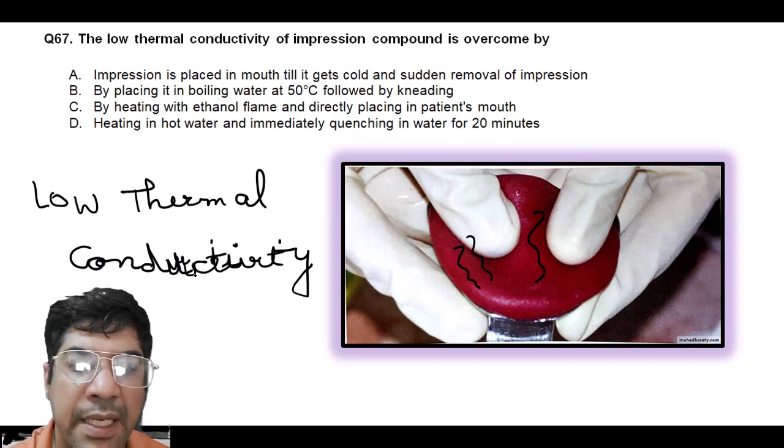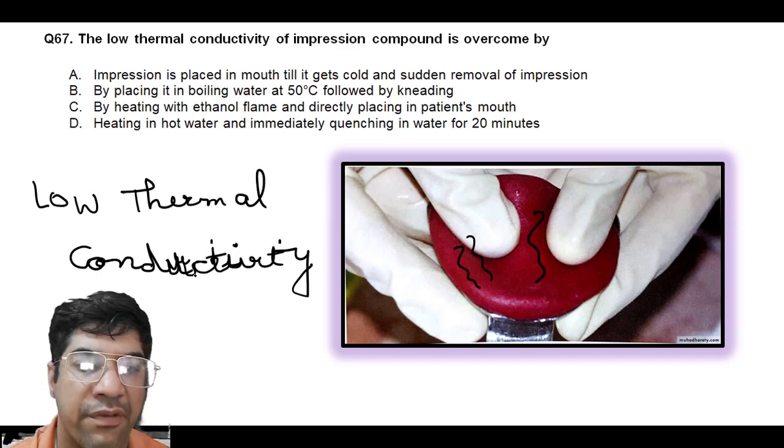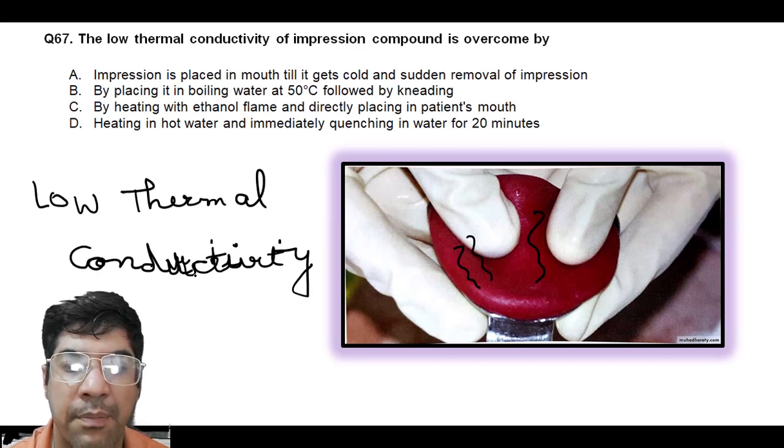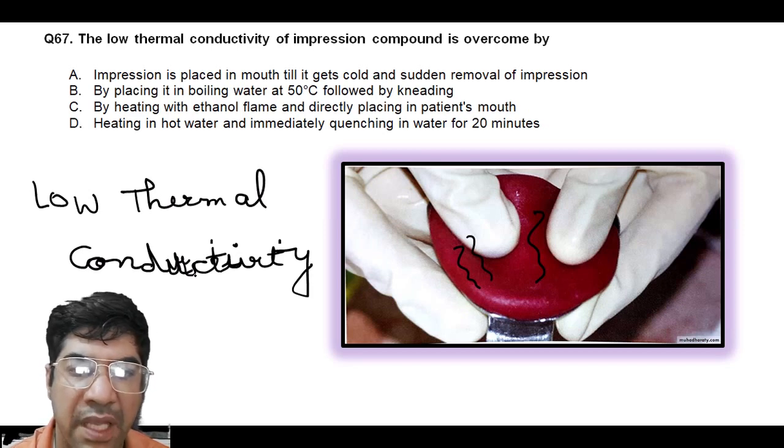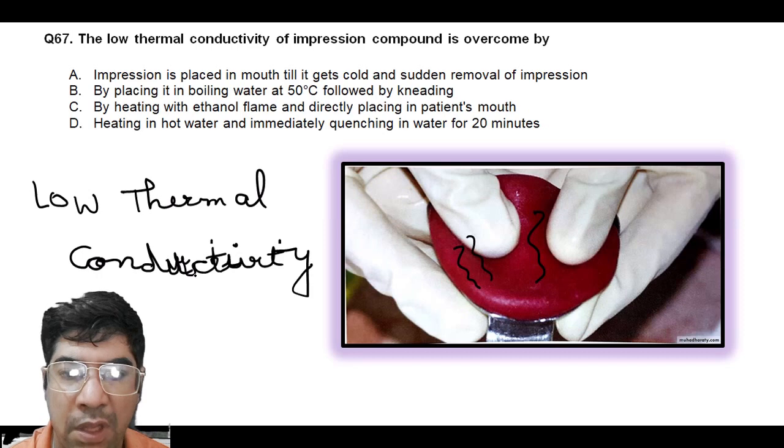So when you heat it, the outer part will get soft first while the inside part will remain cooler. So this is helpful because it allows for even softening. So kneading the compound will make it soft all the way through.